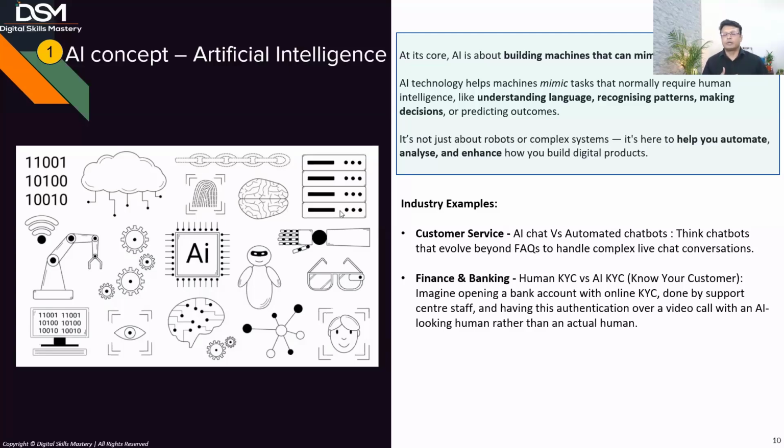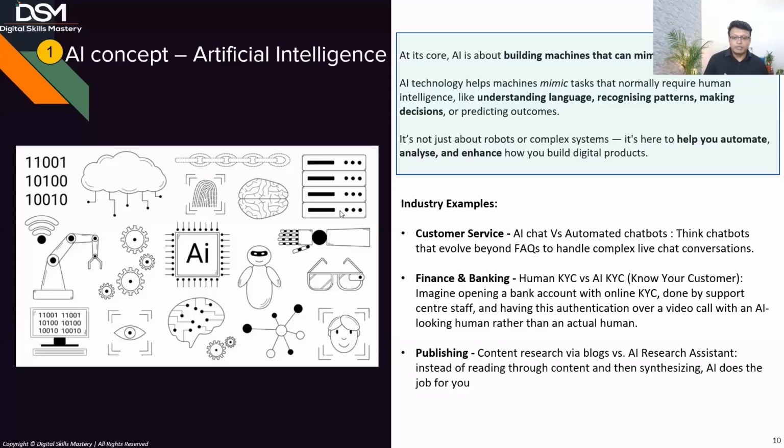Some banks are even doing online verifications with biometrics and photographs, and there is an AI at the back to help them do that automatically and seamlessly. In publishing, it's content research versus blogs versus AI research assistants. So instead of reading everything, you could summarize and get an understanding of that. This is where artificial intelligence is coming into play at the very top level.